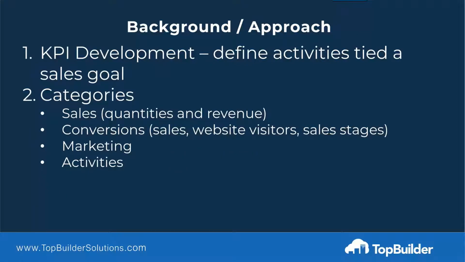We'll break down the KPIs into several categories. Sales is obvious, and we can look at sales from a couple of perspectives: how many sales, and then the revenue, so you can look at dollars or quantities. Conversions are a huge part of your KPIs, which will lead to sales.